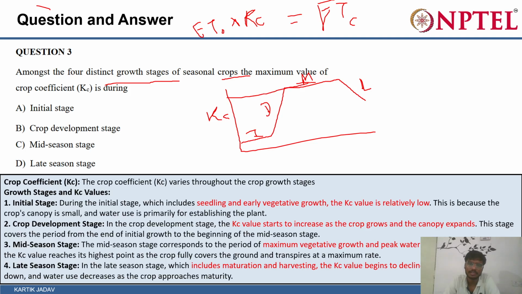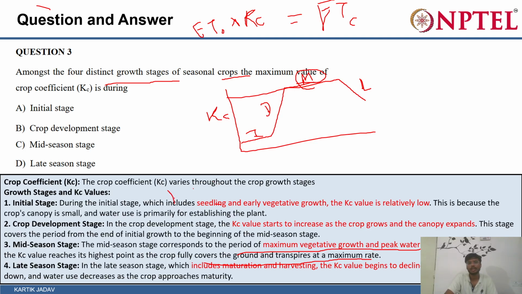The value of Kc is highest in the mid-season stage. It is like that because the mid-season stage corresponds to the period of maximum vegetative growth and peak water demand, and during this stage the Kc value reaches its highest point as the crop fully covers the ground and transpires at the maximum rate to produce food.